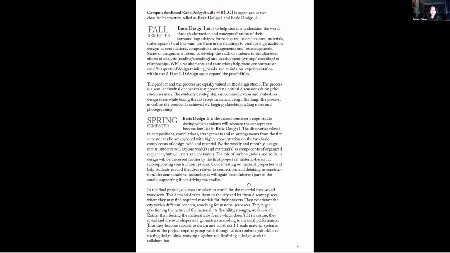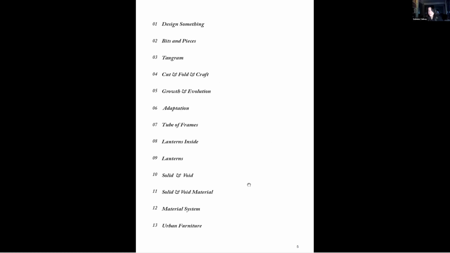So I will go very quickly from this part on to leave more space for Ekin.